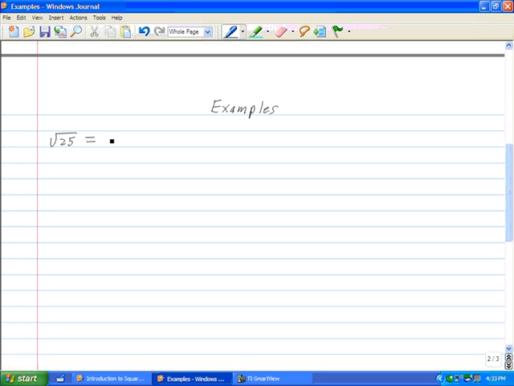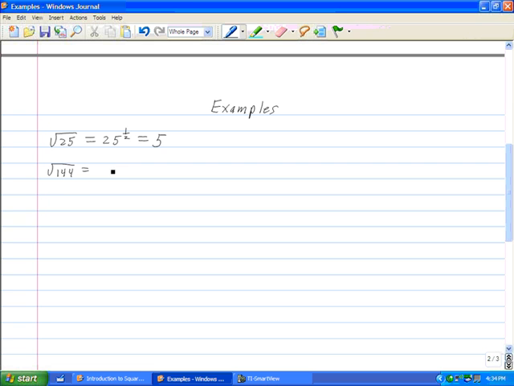With the square root symbol, it can actually be replaced with a 1/2 power, which again is very convenient. One place I found it to be convenient is in computer programming. So 25 to the 1/2 power is going to be 5, because it's the same thing as the square root of 25.